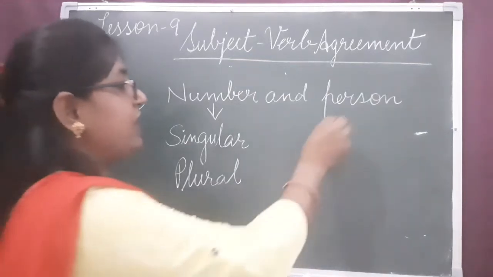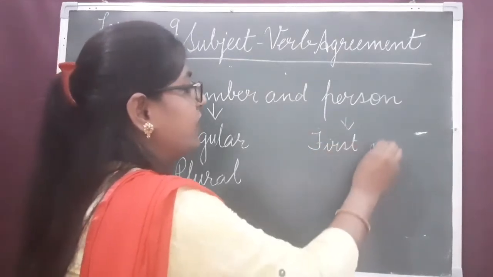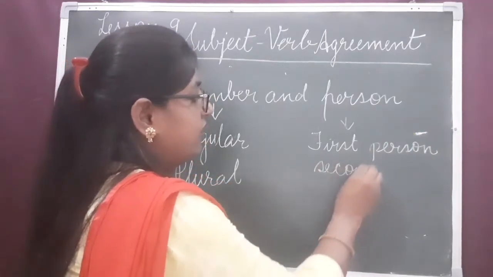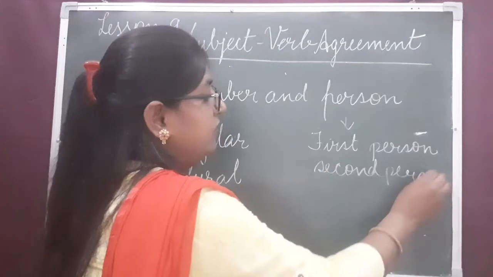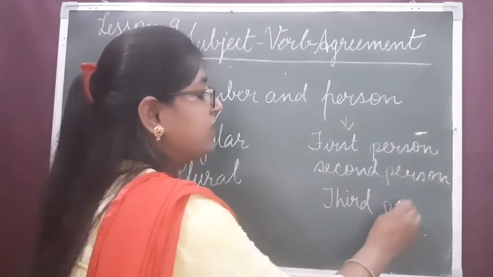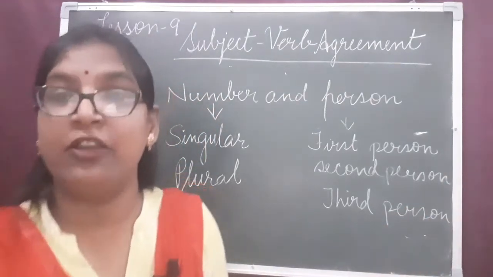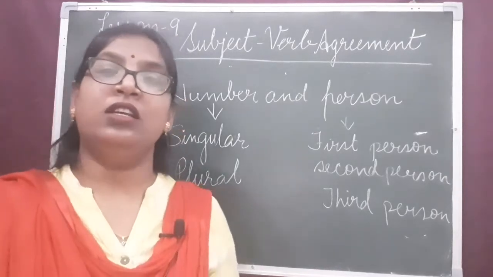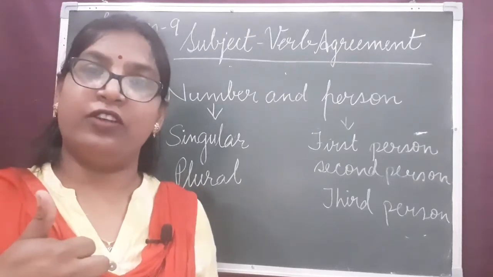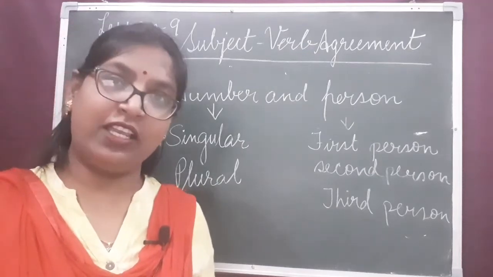And person means first person, second person, or the third person. Singular and plural means if the subject is one, we say it is singular in number. If we are talking about more than one thing or more than one person, we say the subject is in plural number.